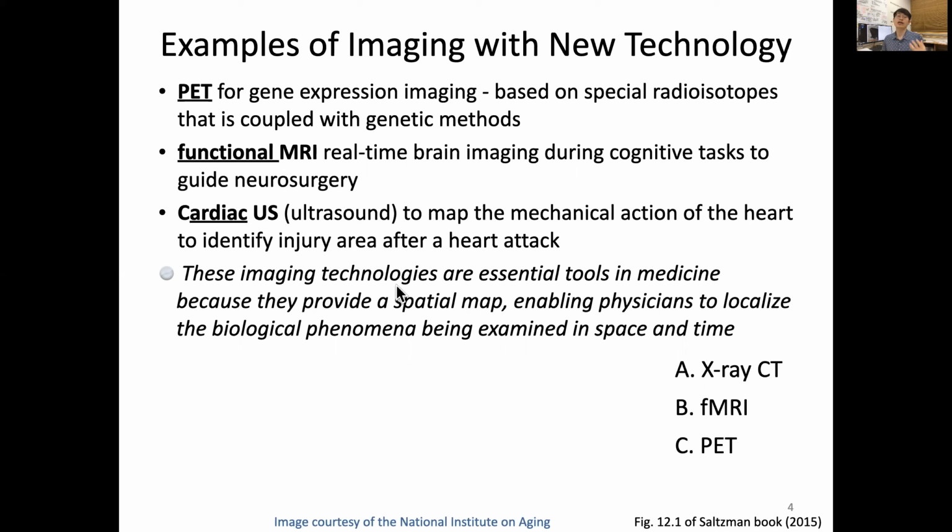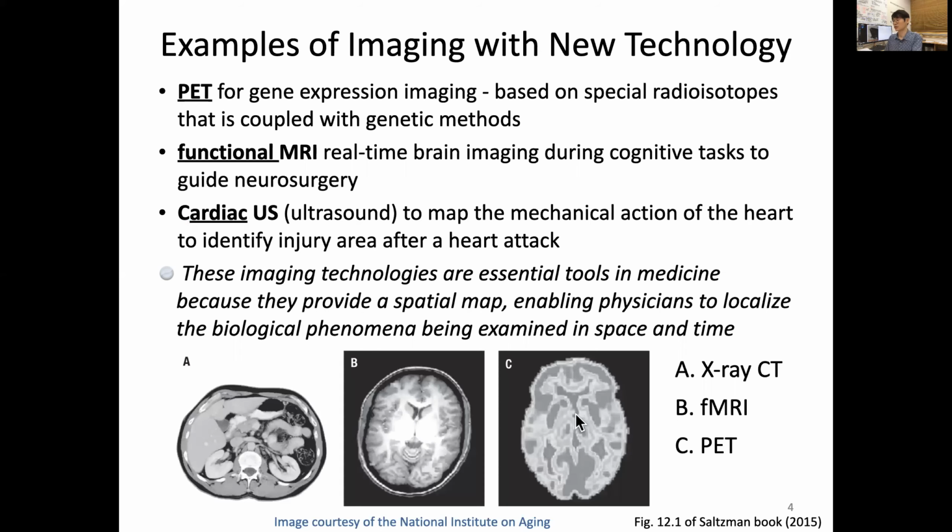These imaging technologies are essential tools in medicine because they provide a spatial map, enabling our physicians to localize the biological phenomena being examined in space and time. I just have 3 example pictures here. The left is a brilliant, very detailed map of inside the body made by X-ray computed tomography, or CT.